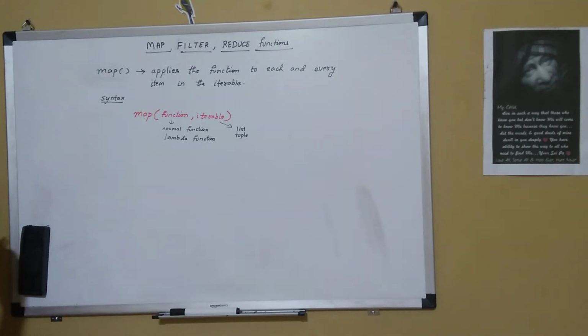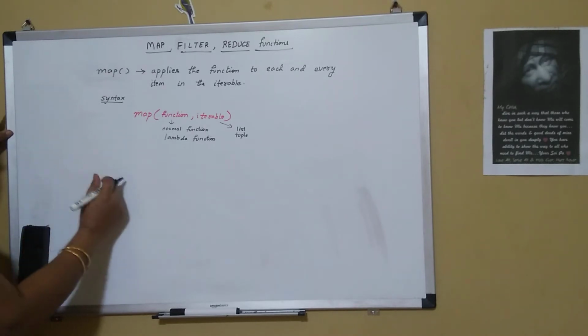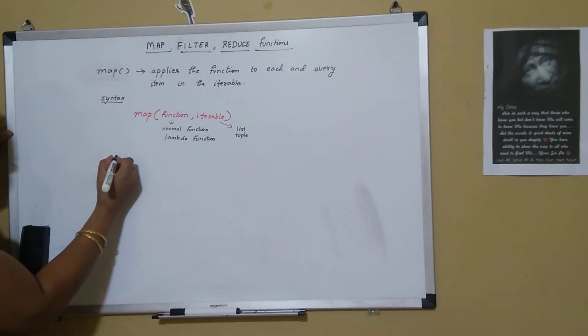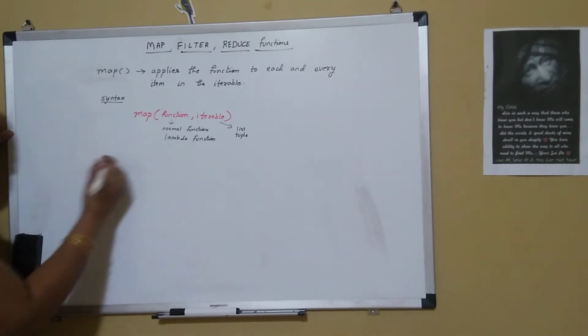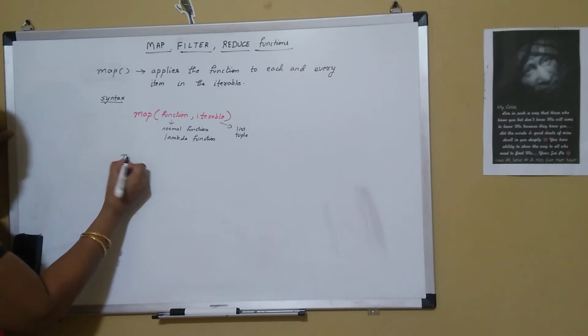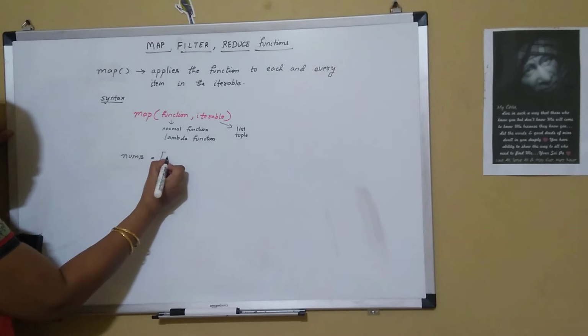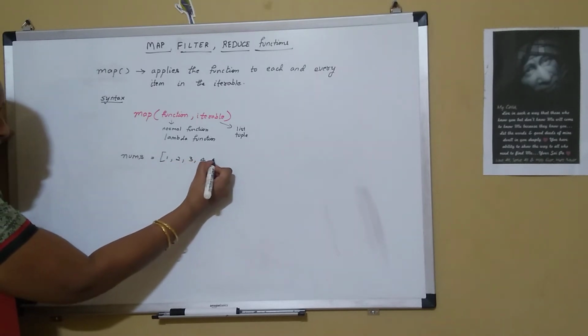So now let's look into one of the code examples of how to work on the map function. For this, let me have my numbers list. nums is equal to 1, 2, 3, 4 and 5.